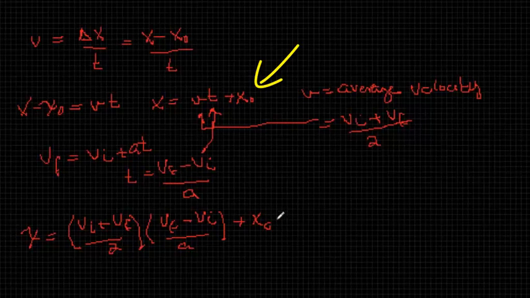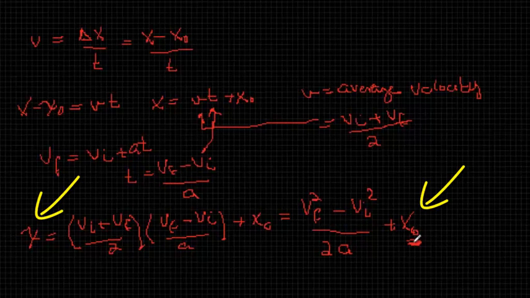Now once you work this out, you will have final velocity squared minus initial velocity squared divided by 2a plus x0.